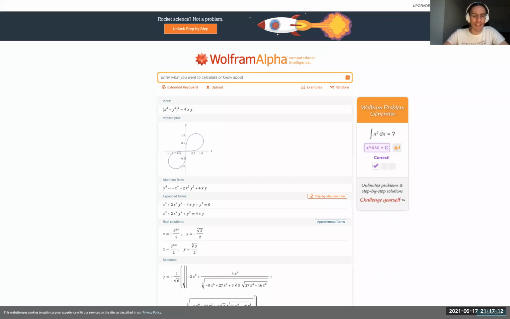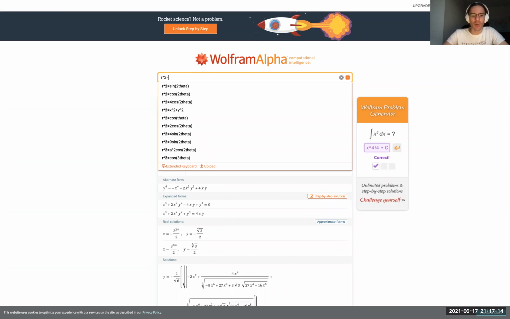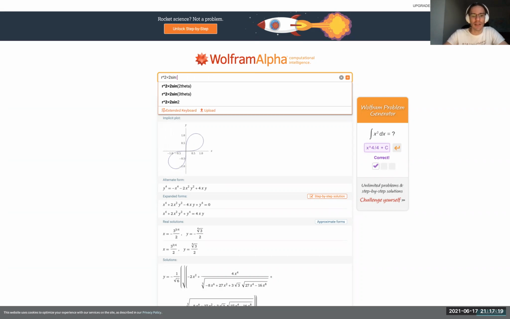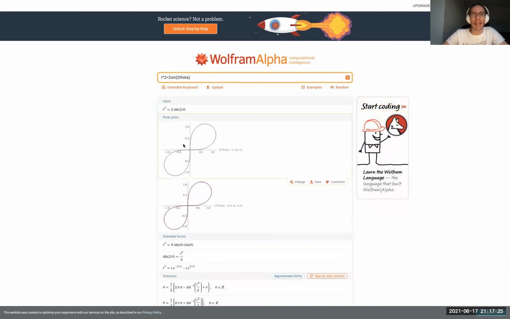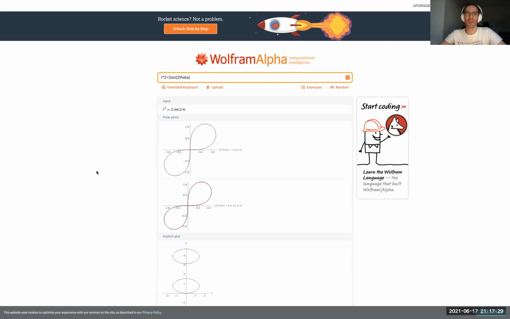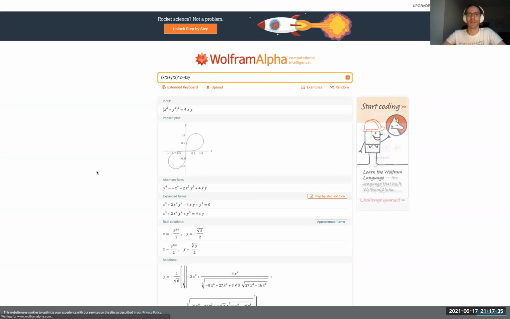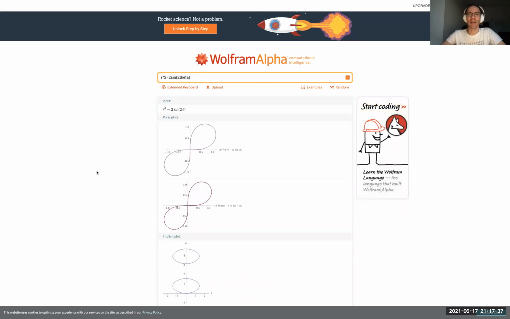In polar coordinates, I had the equation r squared equals 2 sine 2 theta. If I look at the plots, I get exactly the same thing. So our conversion was correct. Isn't that nifty?